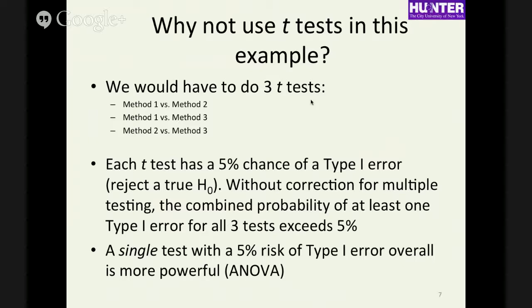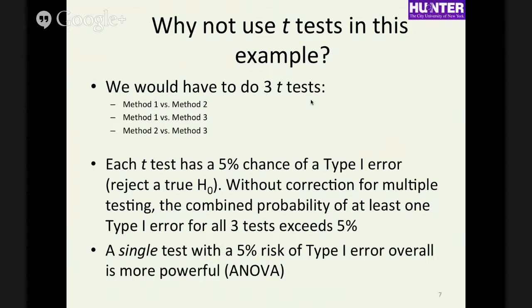And so if you keep on doing it, your chances of making one type 1 error are going to increase, right? By the time you do 3, your chances of making one type 1 error is going to be something greater. We could calculate it even using stuff that you learned in lecture 2 or 3.